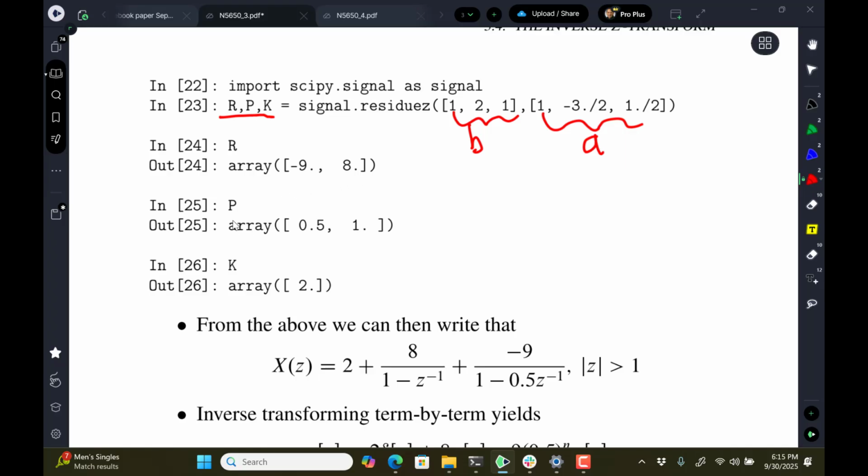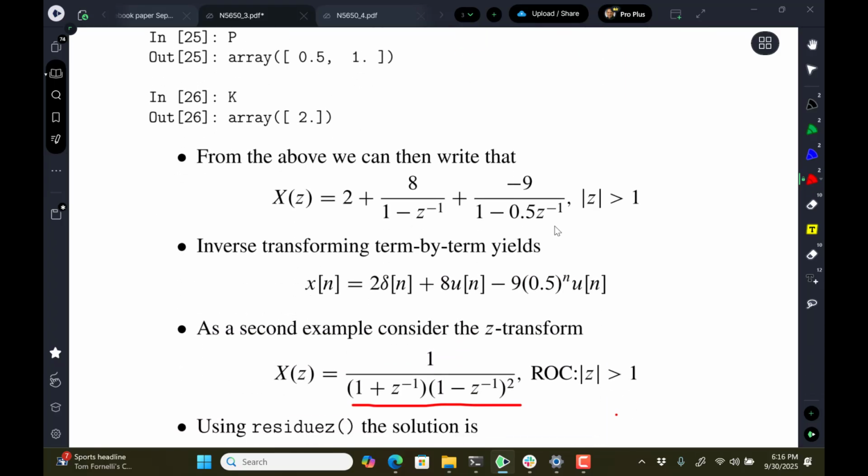In this case, you can because we have P displayed down here. P shows 1/2, so the residue that goes with the pole at 1/2 is -9, and the residue that goes with the pole at 1 is 8. And then the single long division term is 2. So that allows us to assemble this immediately and write down our answer.